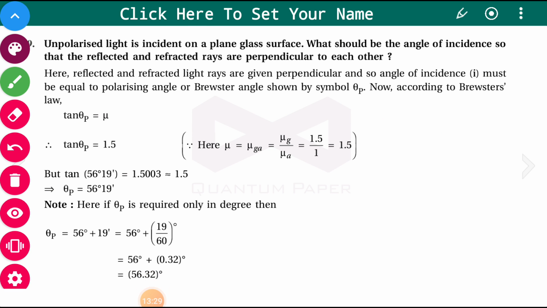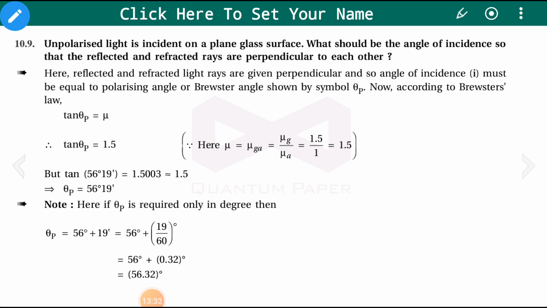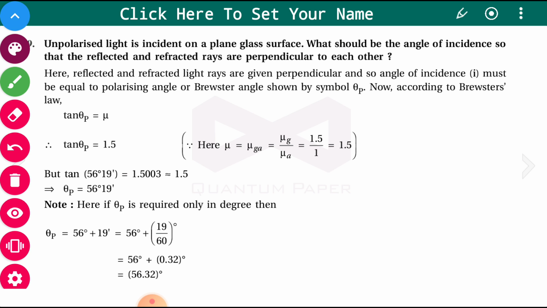Now, this is your last example, 10.9. Unpolarized light is incident on a plain glass surface. What should be the angle of incidence so that the reflected and refracted rays are perpendicular to each other?